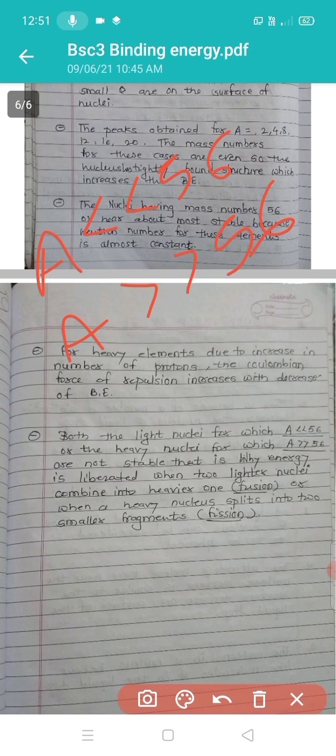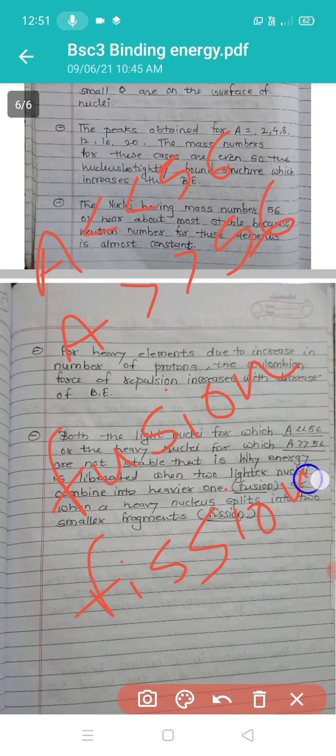That is why energy is liberated when two lighter nuclei combine into a heavier one, that is the fusion reaction. Or when a heavy nucleus splits into two smaller fragments, that reaction is known as the fission reaction. These are the two important reactions.